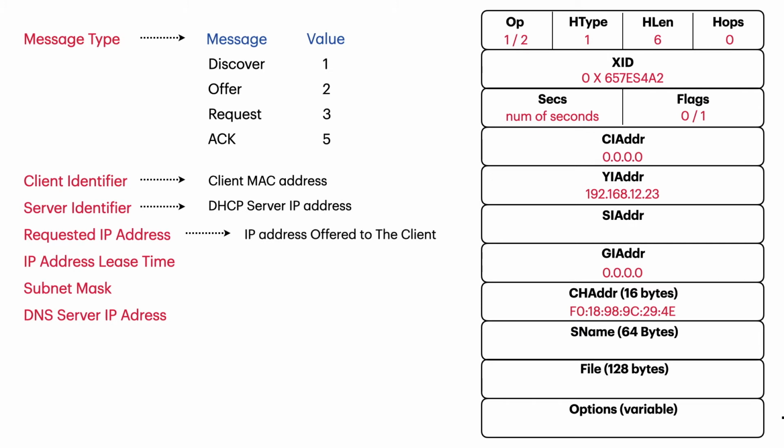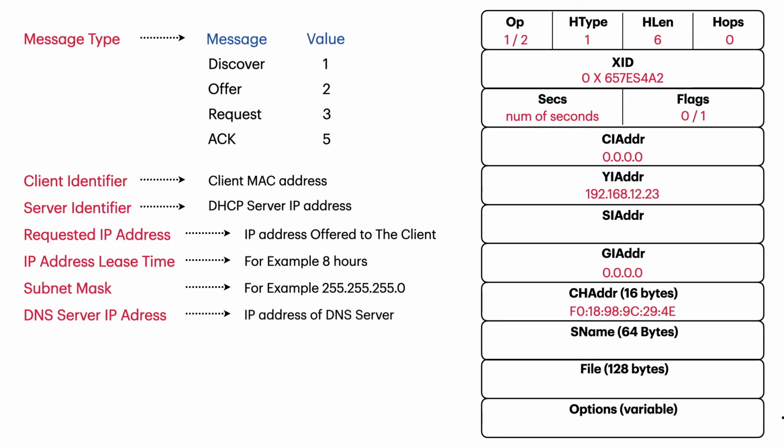Requested IP address field contains the IP address which the DHCP server offers to the DHCP client. IP address lease time represents the time till when the client can use the offered IP address. Subnet mask, for example 255.255.255.0, and DNS server IP address. So, this is the basic format of all DHCP messages, containing a variable and a fixed portion.